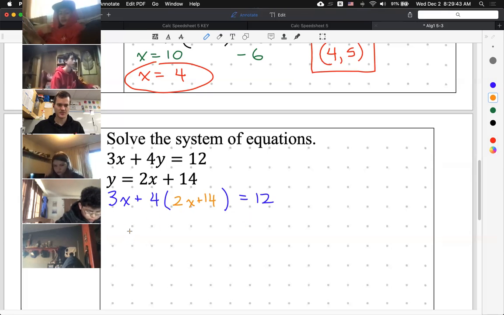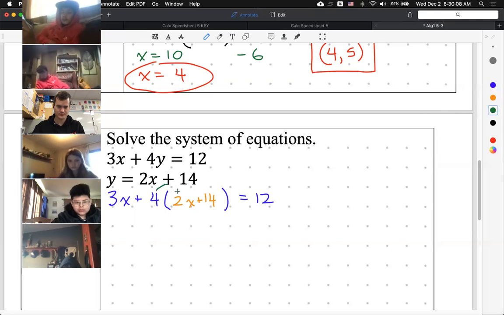All right. We need to simplify both sides of the equal sign. I mean, the right side is simplified, can't do anything, but this left-hand side can be simplified before we solve. How do we simplify that? And I would like to hear from new people if possible. Diego? So first you distribute 4 times 2x, then 4 times 14.